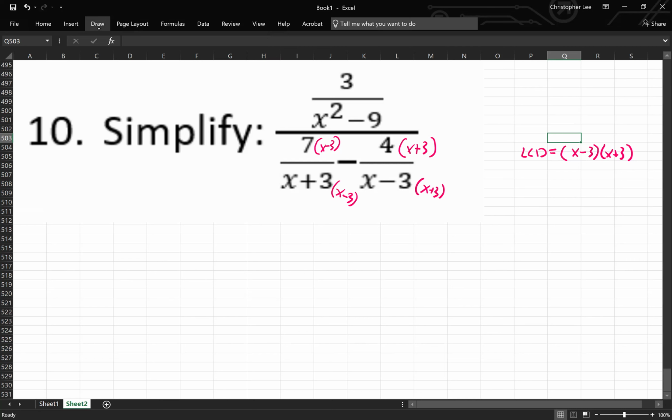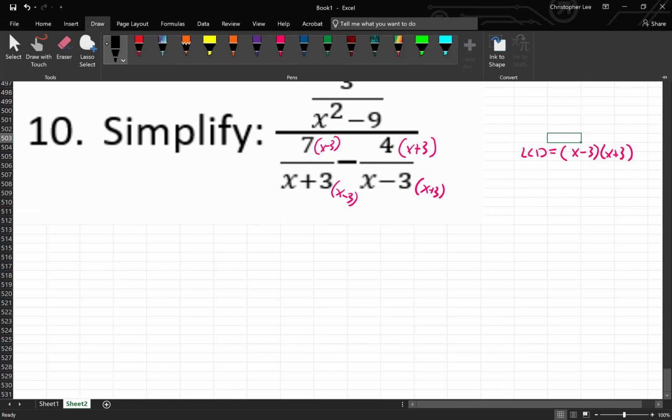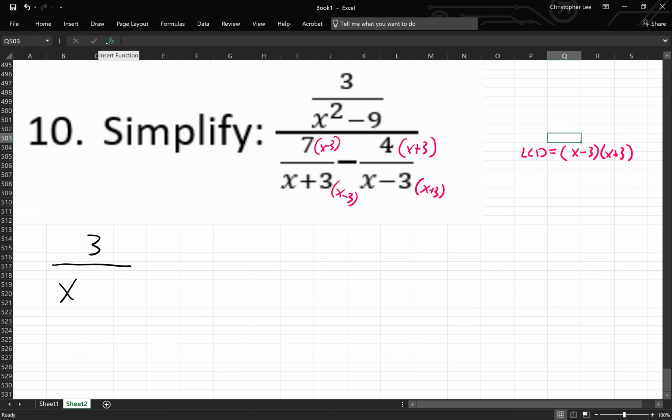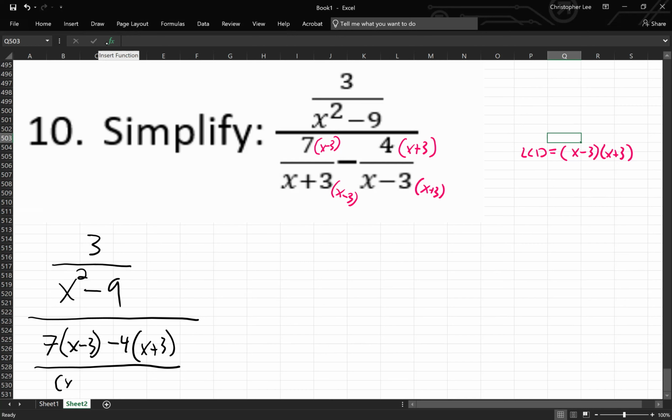So let's take a look at what we have now. So I should have 3 over x squared minus 9 over 7 times x minus 3 minus 4 times x plus 3 all over x plus 3, x minus 3, right? After that, let's simplify the top.